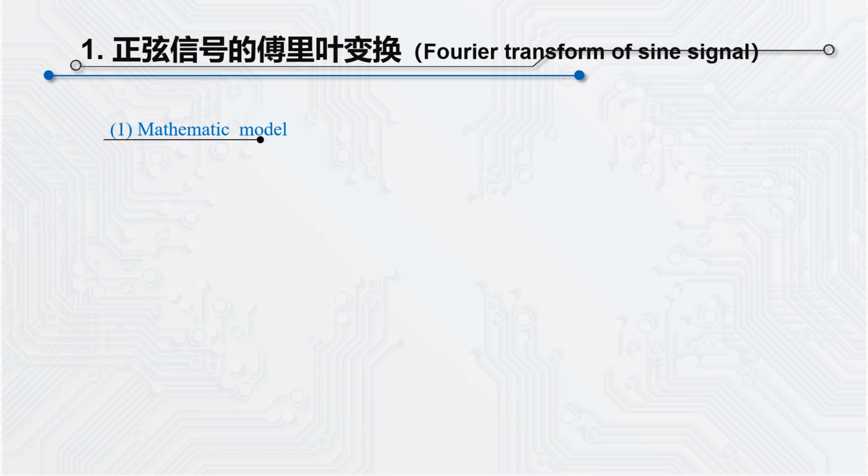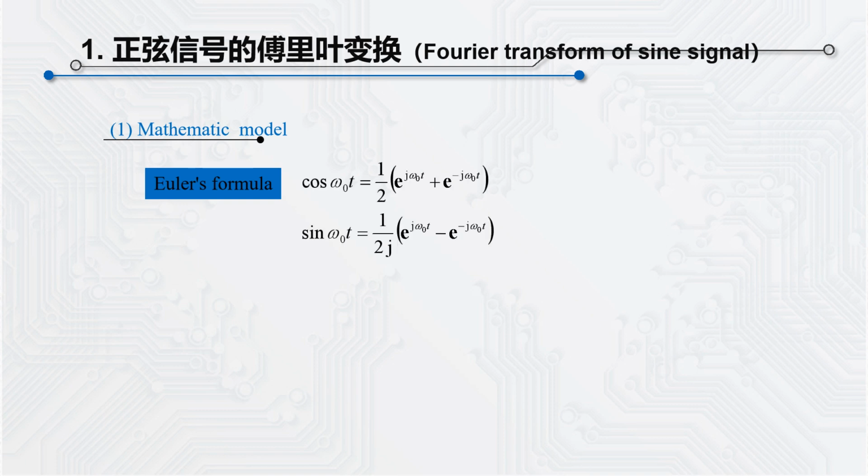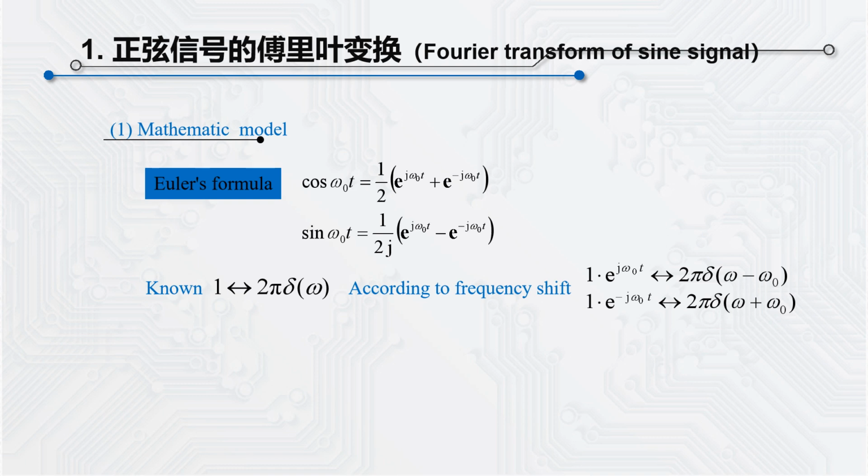Let's start with the Fourier transform of sinusoidal signal. According to Euler's formula, cosine omega 0 t and sine omega 0 t can be expressed by complex functions. It's known that Fourier transform of constant 1 is 2 pi delta(omega).